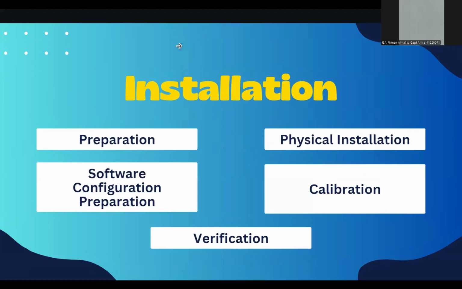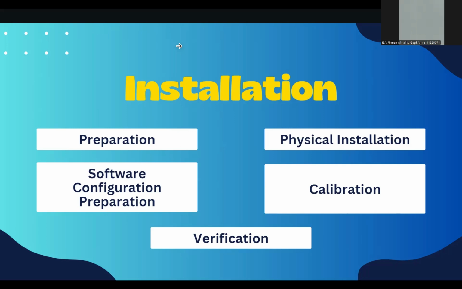Okay, now we're talking about the installation. The installation of the Thermo Scientific Model 42i involves several crucial steps. We have preparation, physical installation, software configuration, and calibration, and also verification. The preparation, the initial phase, involves gathering all necessary tools, materials, and documentation.